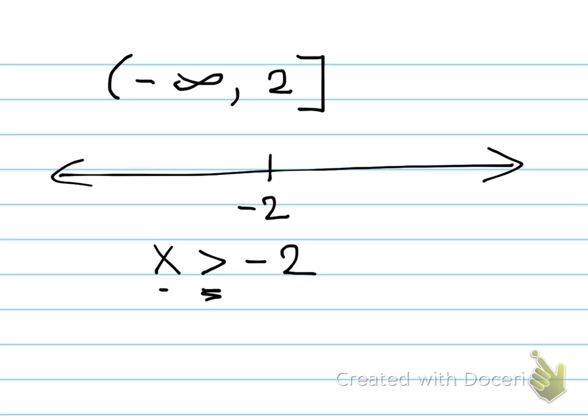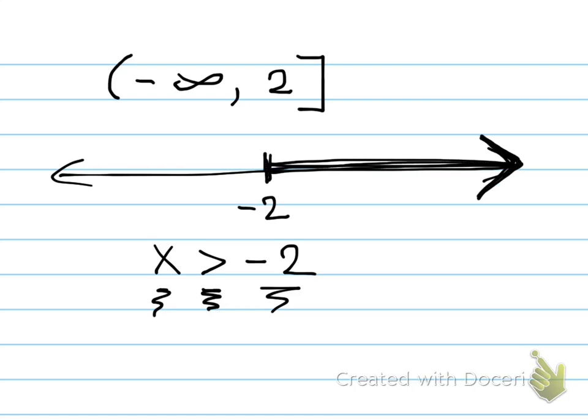X is what? Greater than negative 2. Where are the things that are greater than negative 2? To the right. So that means I'm going to be shading forever to the right. Now what you cannot do is say that just because this is pointing to the right, we're going to shade to the right. It doesn't work that way, so be careful. Read the sentence and know, and I'll show you why in just a minute.